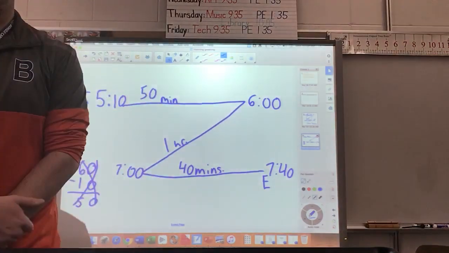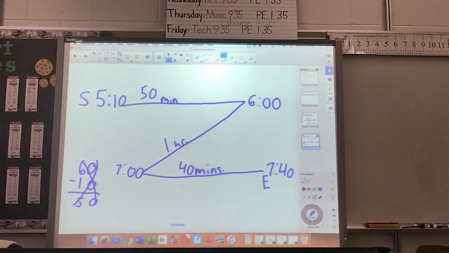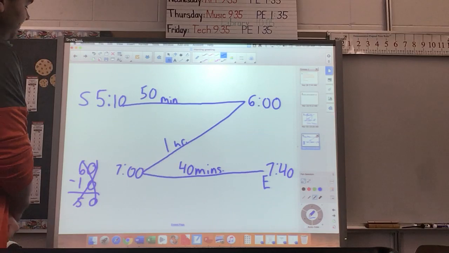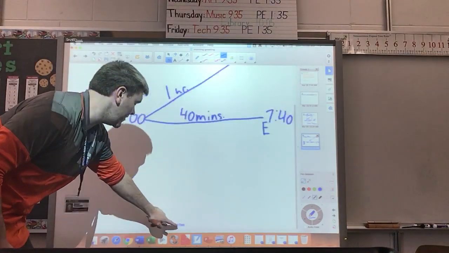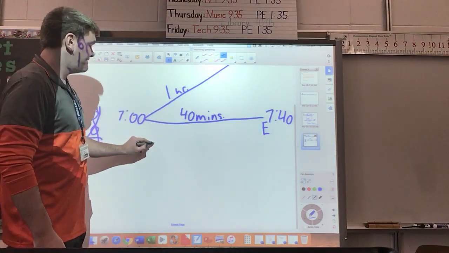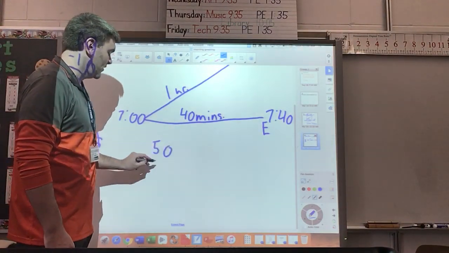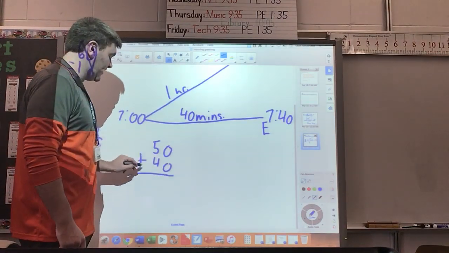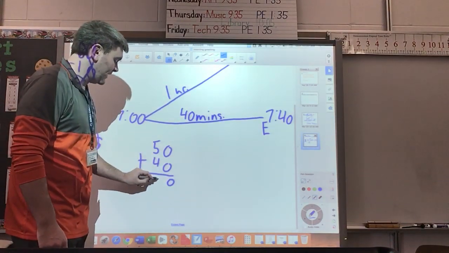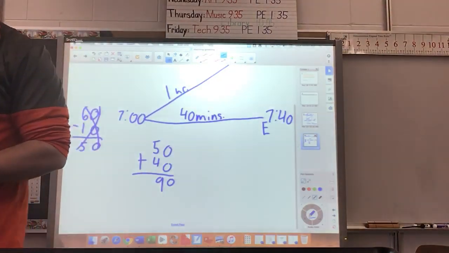Now, here's where things are going to get a little bit tricky for you. Now, when I go to add my minutes, I'm going to extend my page again. I've got 50 minutes at the top. I've got 40 minutes at the bottom. When I add that together, I get 0, I get 90. Well, that's more than 60.